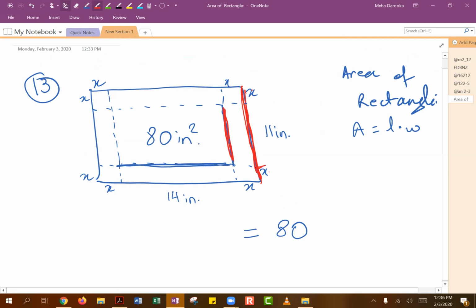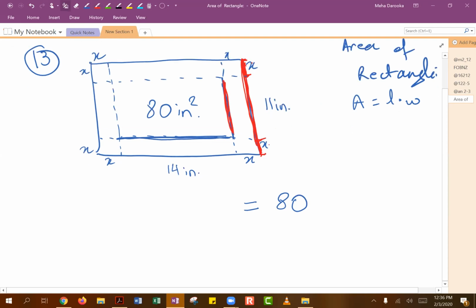If I remove this X side from here and this X side from here, will that not give me the width of that base? So the width of her box rectangle will be the 11, which was the original width, minus those two X's, which form part of that corner.